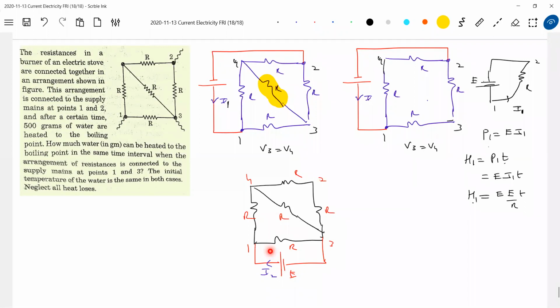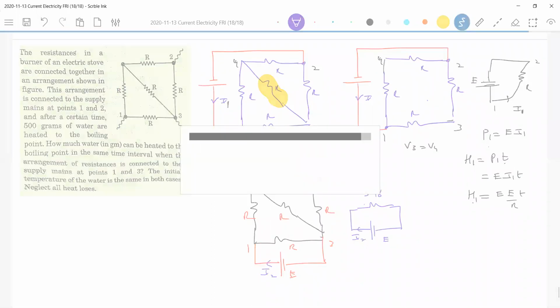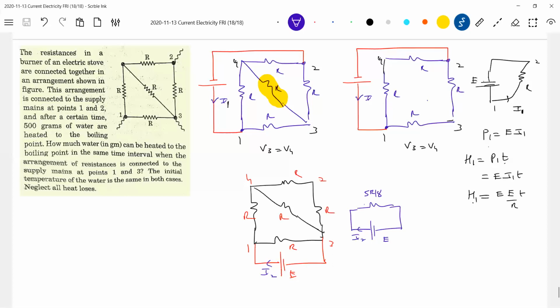Somebody should give the value. By 8. How much? 5R by 8. So then what is the power?